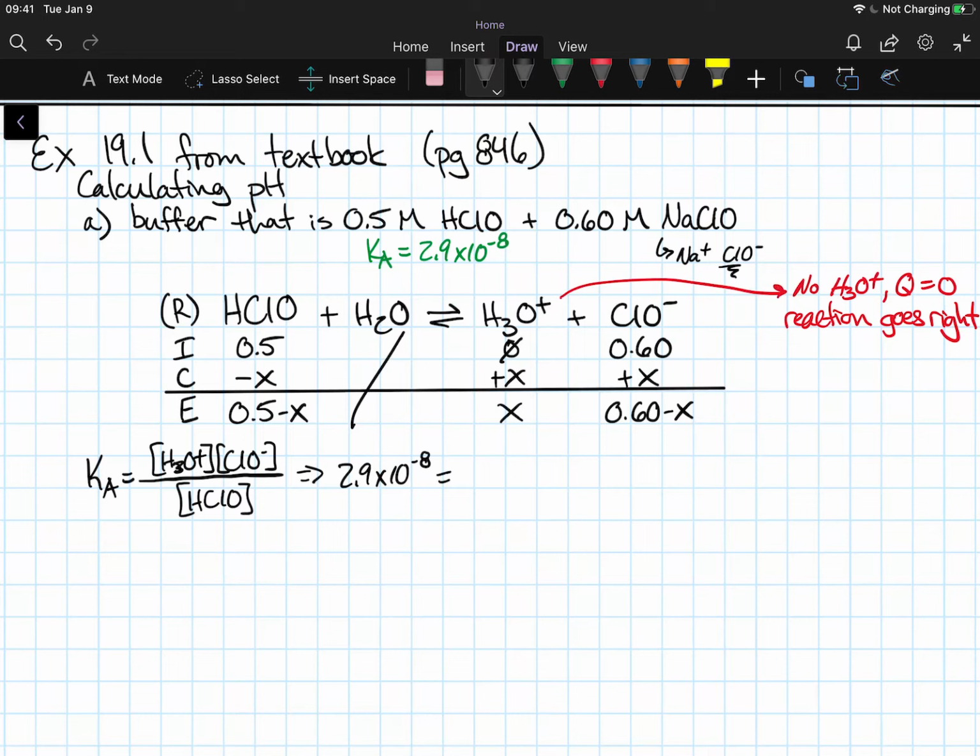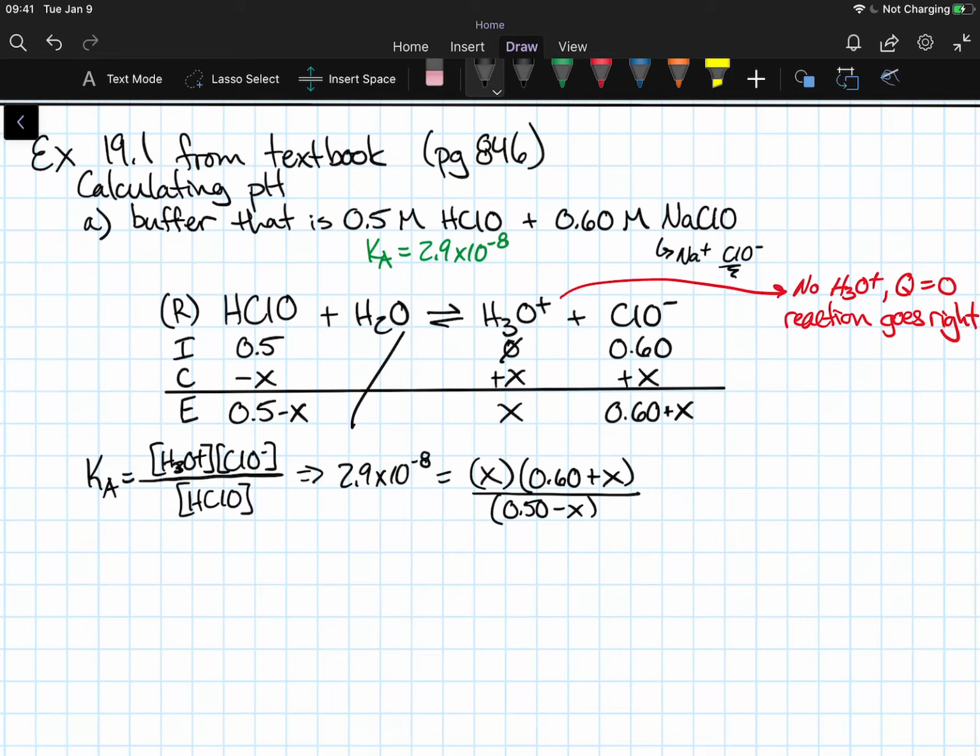And that's equal to, concentration at equilibrium for the hydronium is just x, and that's going to be multiplied by 0.60 minus x over 0.50. Oh, sorry, I made a mistake. Let's go back here. This is plus x, so 0.60 plus x, and this would be 0.50 minus x.